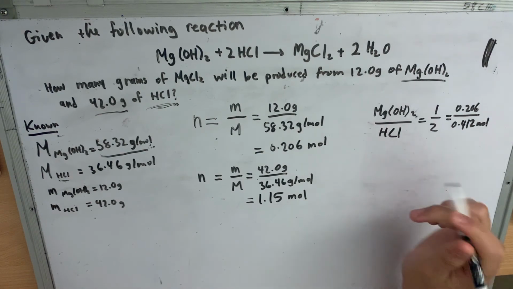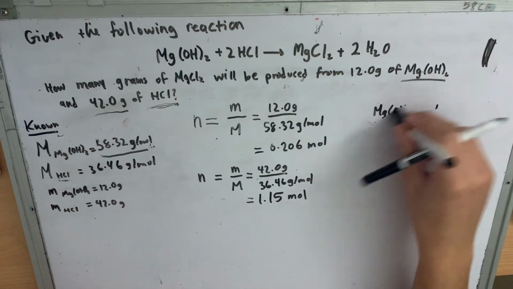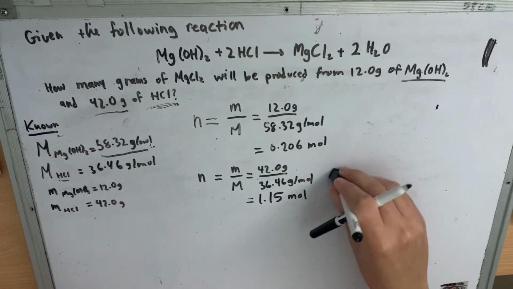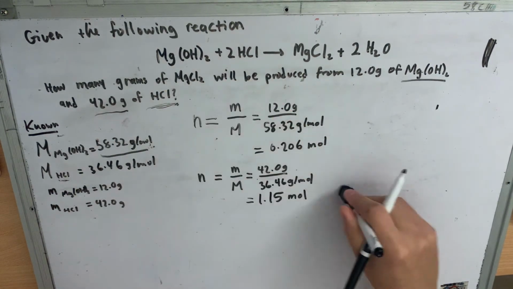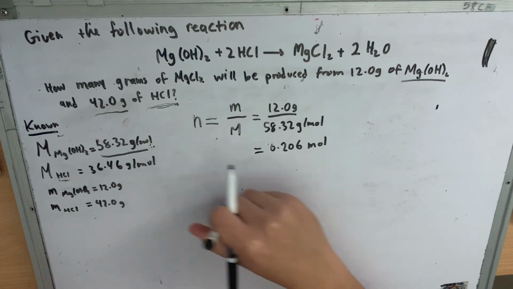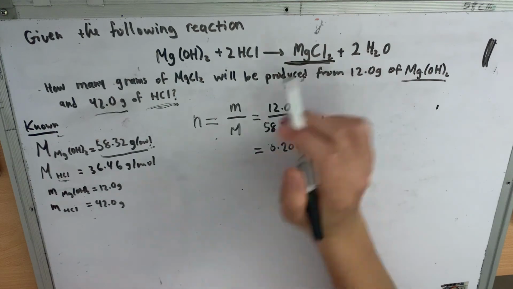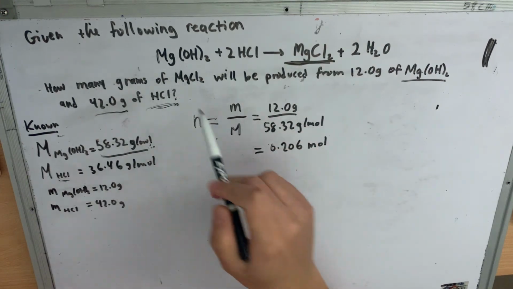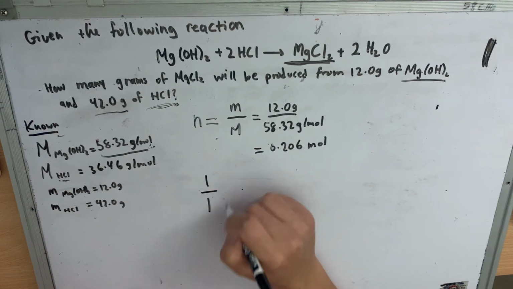Okay, so now let us erase this all, and we will treat our MgOH2 as the limiting reagent and compare it with our MgCl2. The mole ratio, as we see here, between MgOH2 and MgCl2 is 1 to 1, correct?